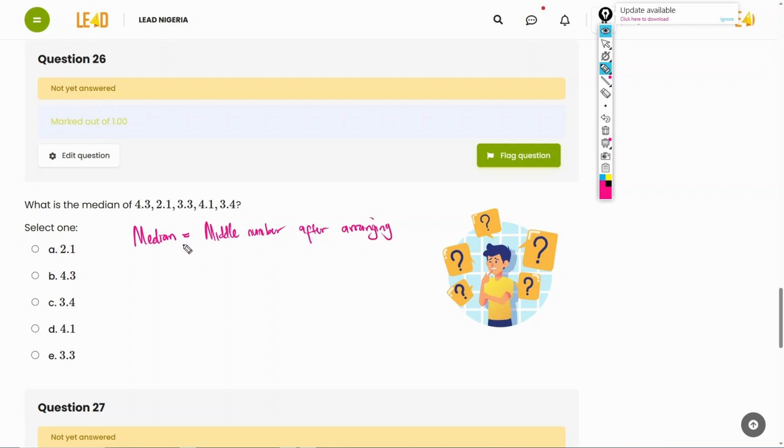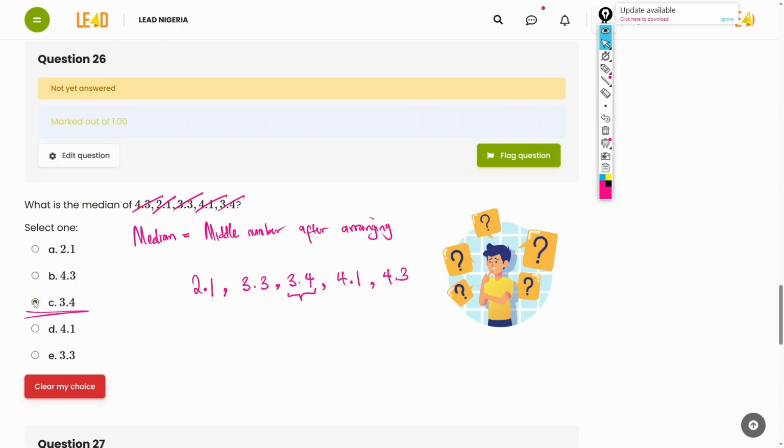The smallest number here is 2.1, then 3.3, then 3.4, then 4.1, and then 4.3. So it's pretty obvious, right, that the median number is 3.4. That's the median, right, because that's the number in the middle. So after arranging, just take the middle value. That's all for median.